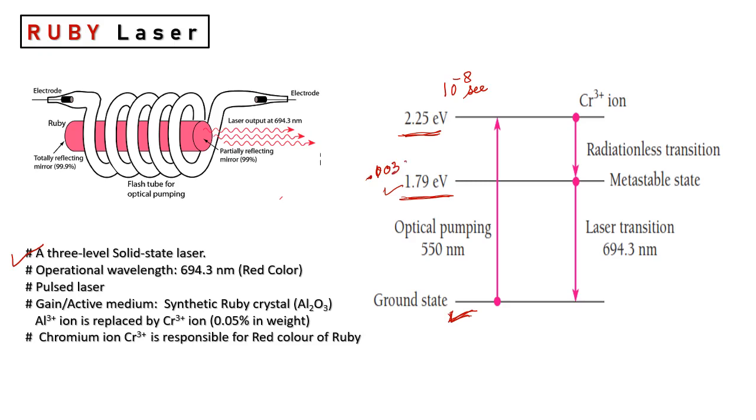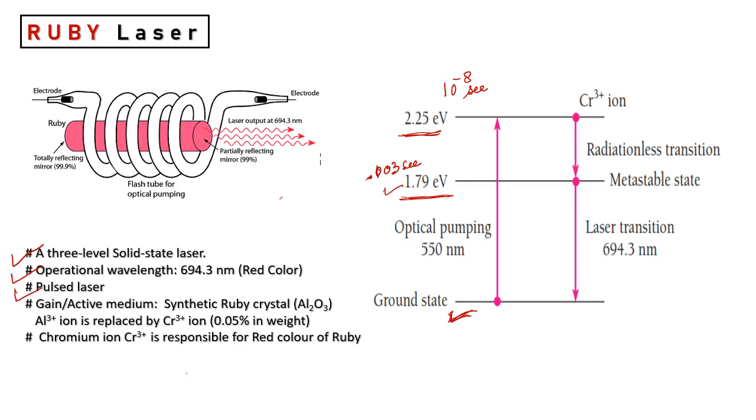Okay, so it's a three-level solid state laser, and the operational wavelength is 694.3 nanometer, that is 6943 angstrom, which is again a red color laser, and it is a pulse laser.